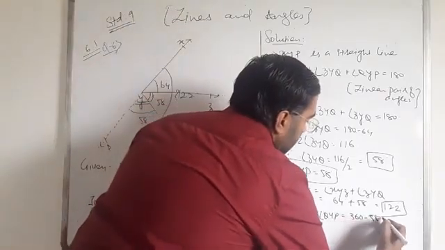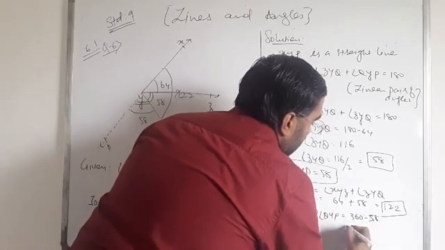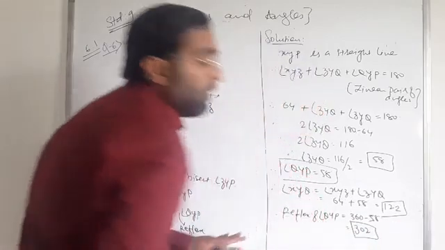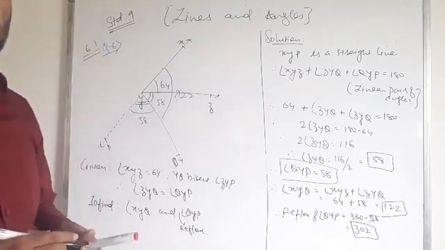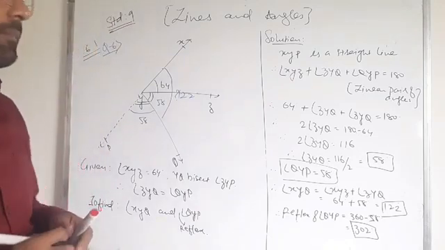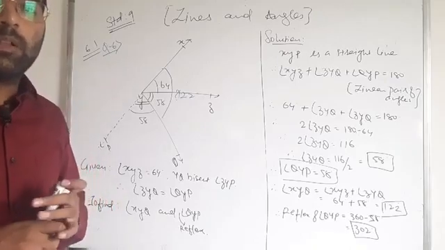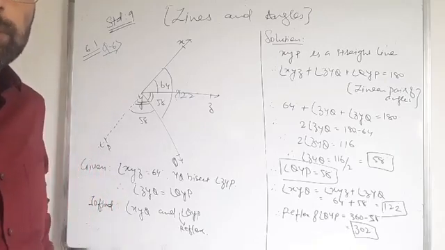So 360 minus 58 is equal to 302 degrees. Got it? Clear?